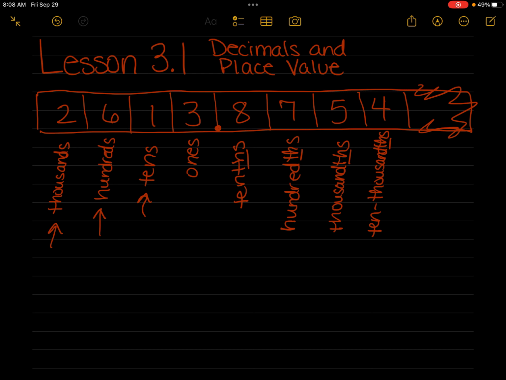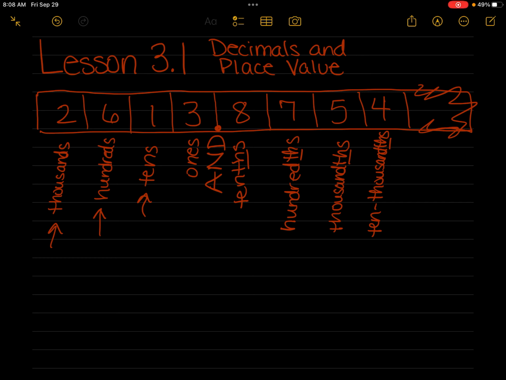Okay, so the way that we say this word is, start way over on the left, right? I can't point to it right now. I don't have a pointer. But 2,613. And so wherever you see the decimal point, you're going to say the word and, or you're going to write the word and if you are having to write out the word form of a number.